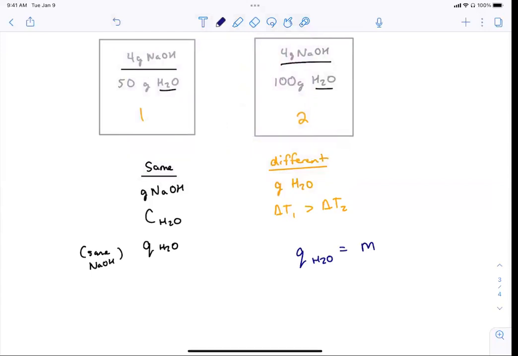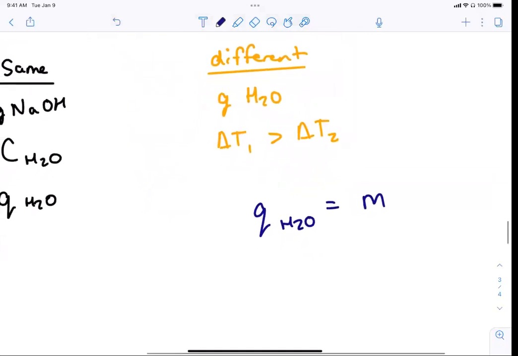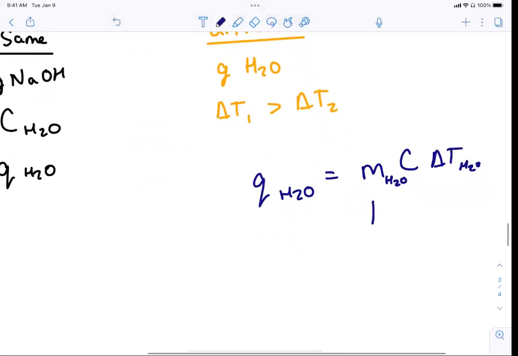Okay, Q of the water is equal to M of the water times C times delta T of the water. So if the mass goes down and this is the same, and the C is the same, then this has to go up. They're inversely related. So this is you applying concepts to the equation here.